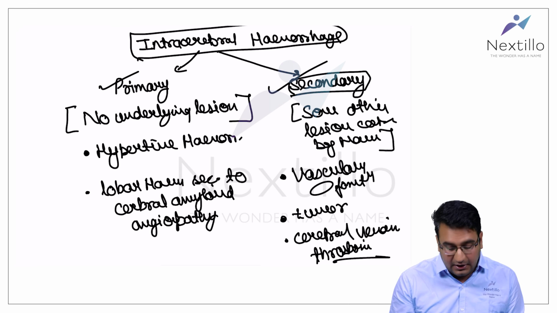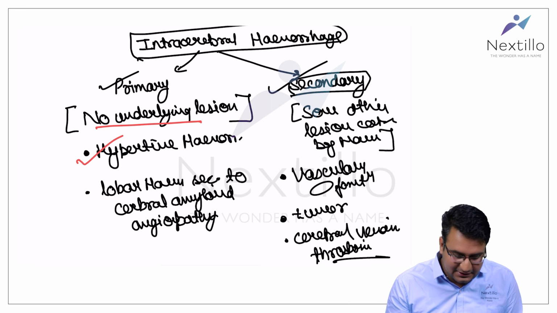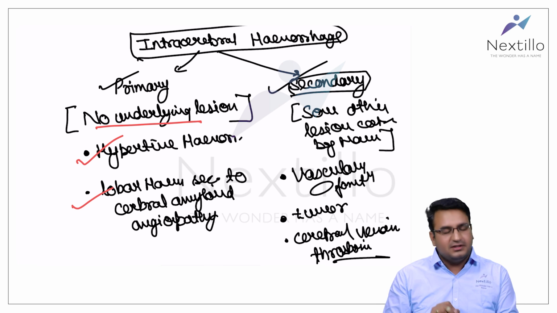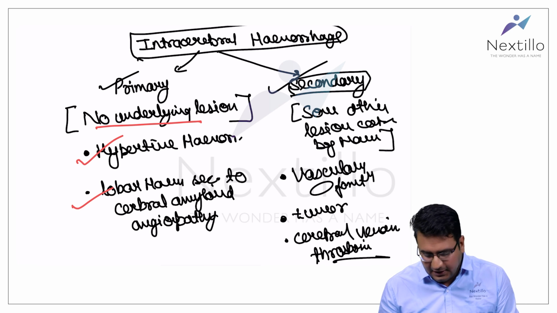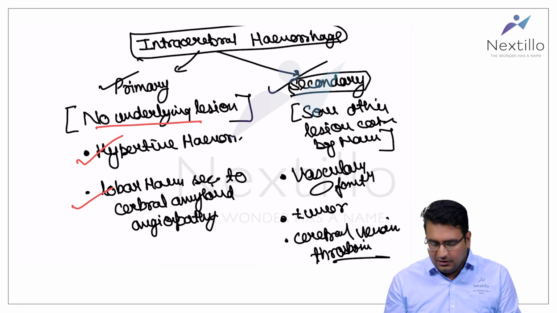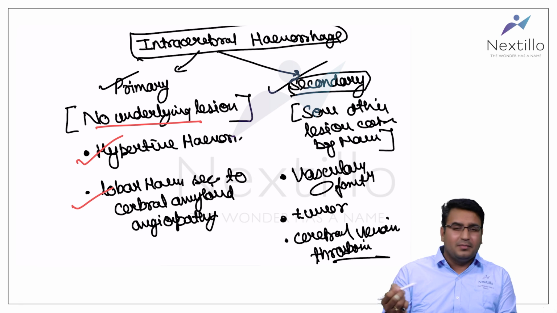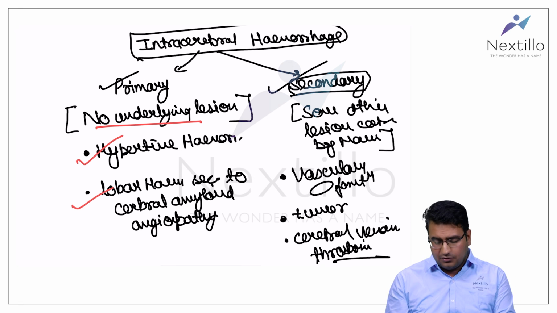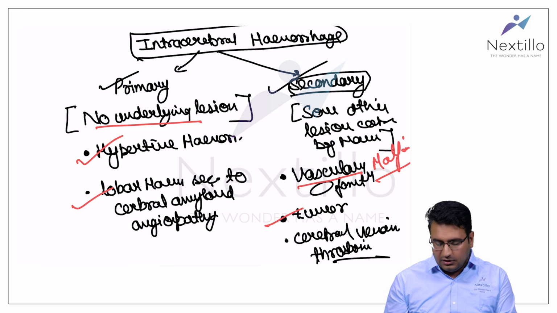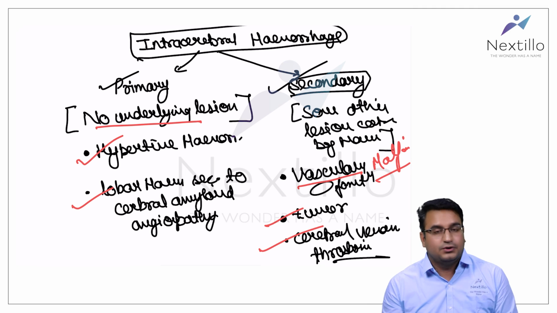In primary, no underlying lesion will be there. Hypertensive is the most common among them. And second could be cerebral amyloid angiopathy, which leads to a lobar hemorrhage. Now, the secondary types are those in which some other lesion gets complicated with hemorrhage, in which we have talked about vascular malformations, any tumor, or cerebral venous thrombosis. Okay.